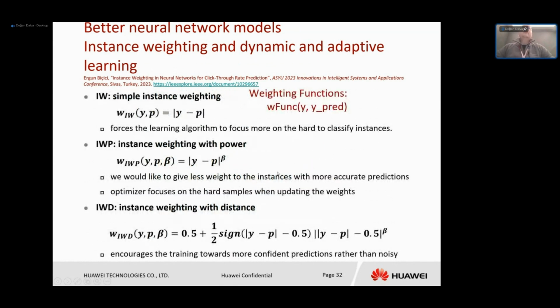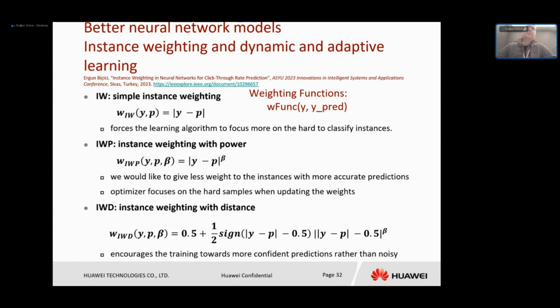The weighting techniques are simple instance weighting, which uses the prediction and the target and weights by the absolute distance to the target. So it gives more weight to predictions that are more distant from the target.